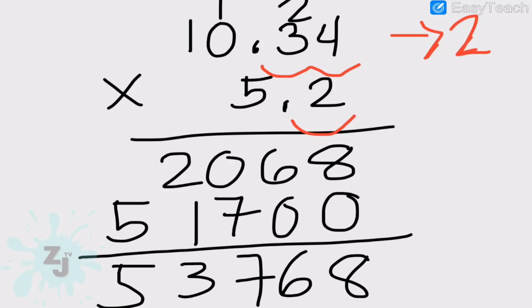So 2 plus 1 is 3. Therefore we have 3 displaced digits. So in the final answer we count from right to left, 3 decimal places. So 1, 2, 3. There you have it.